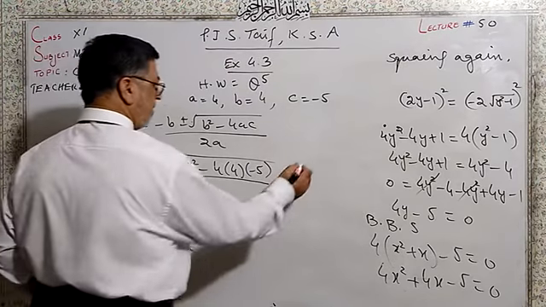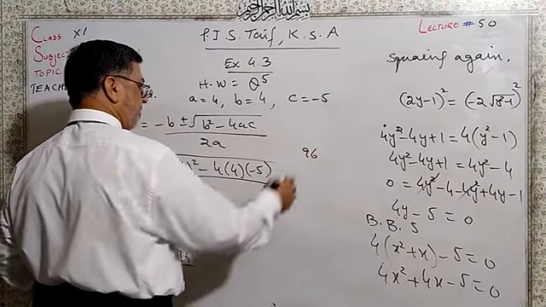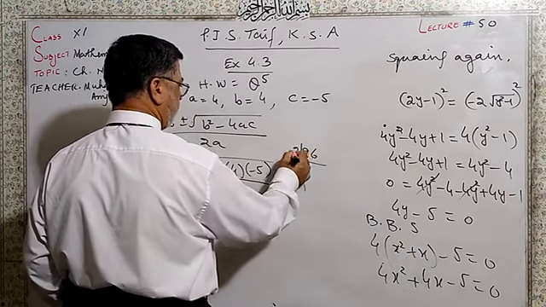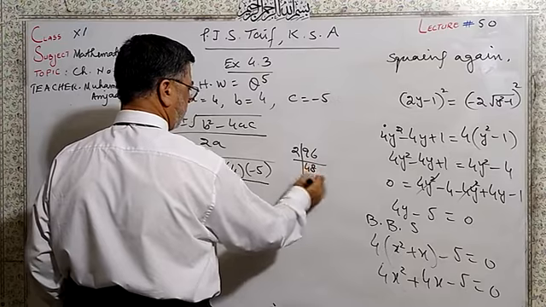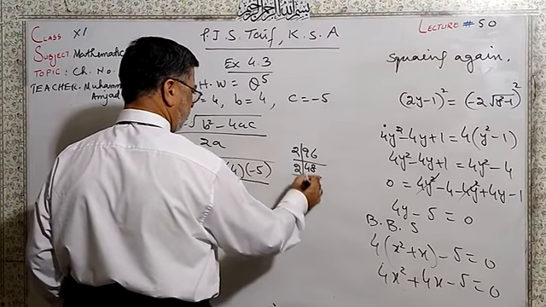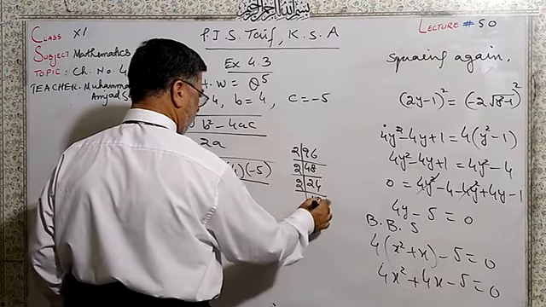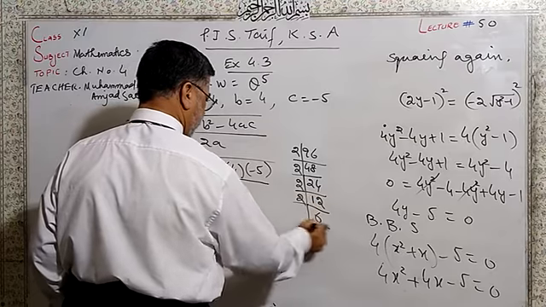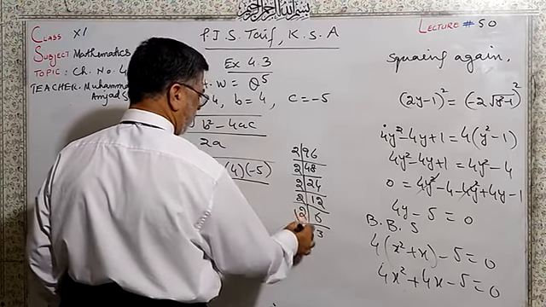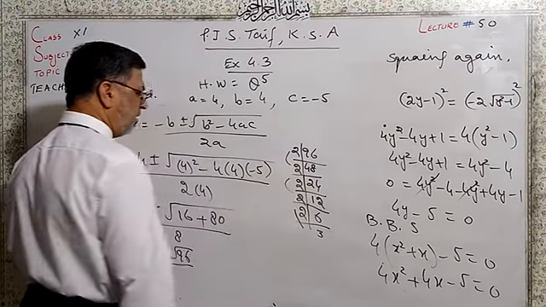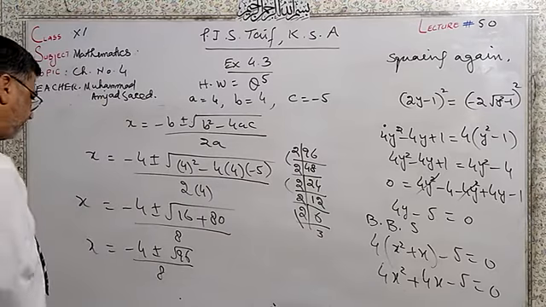Remember that the square root of 96 can be written in this way: 2 and 24, 2 and 12, 2 and 6, 2 and 3. Here is 4 into 6.